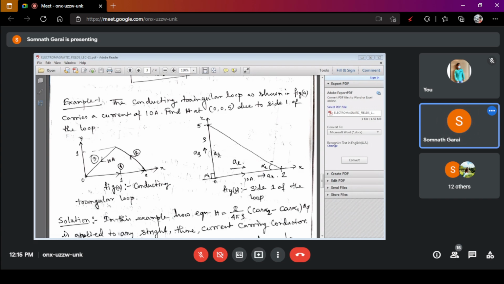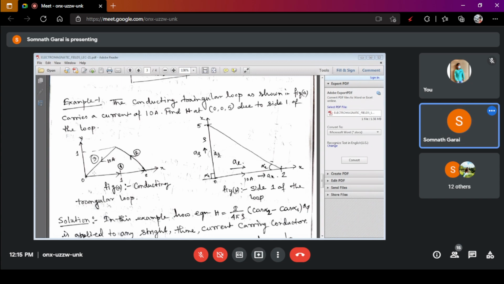The conducting loop has three different sides. This is side number 1, this is side number 2, and this is side number 3. So the current of 10 ampere flows through this loop, right?